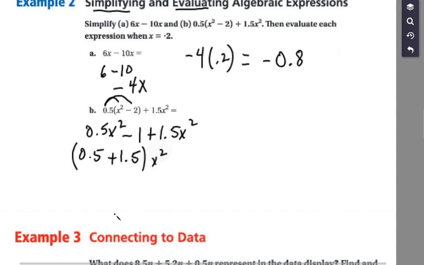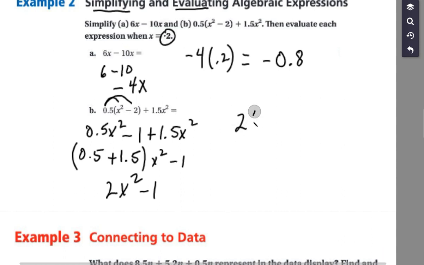Okay, so that's going to be 2x squared. And then we just have this minus 1 all by itself. So this simplifies to 2x squared minus 1. Okay, so now we're going to plug in 0.2 into that and evaluate what it is.